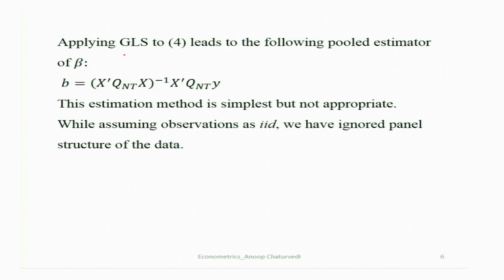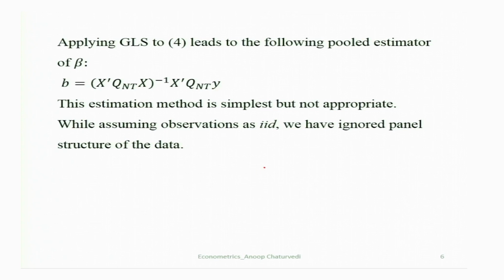Now, we apply generalized least squares to model 4, and it gives you the following estimator for beta: b equal to x transpose Q_nt x inverse x transpose Q_nt y.